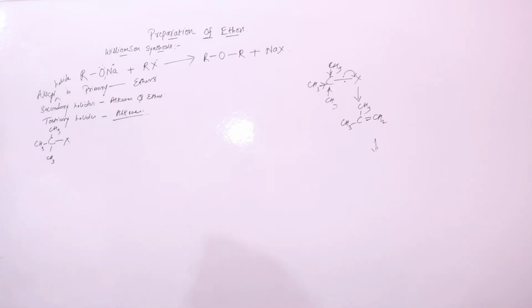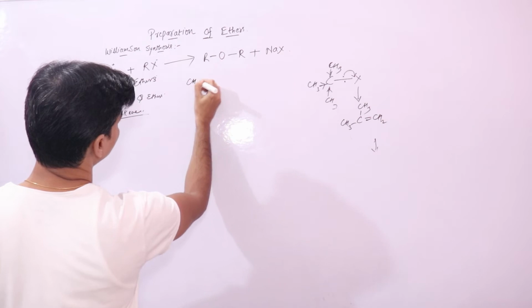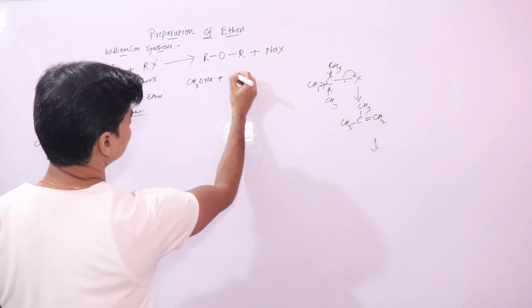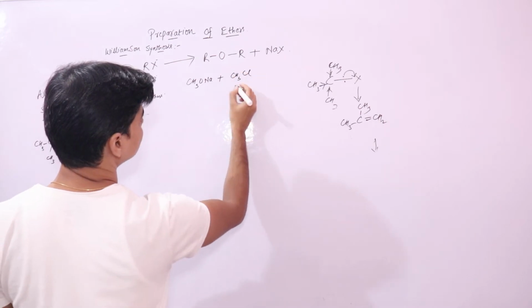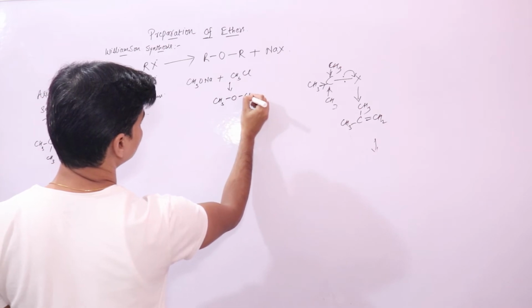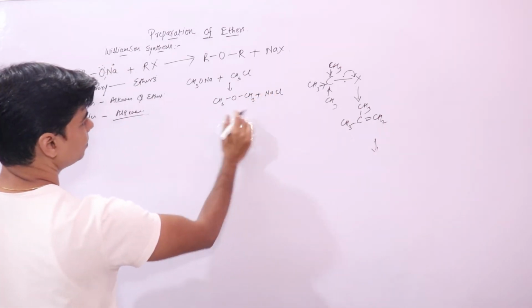Now first let's see some of the reactions. Suppose I have taken sodium methoxide and treated it with methyl chloride. The compound that I will get is CH3OCH3 plus NaCl, this is your simple ether.